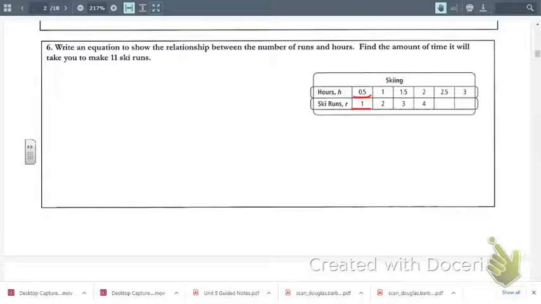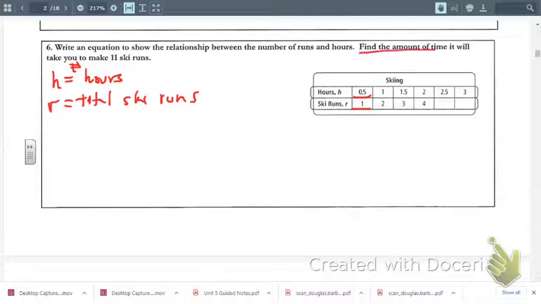So hours is H, ski runs is R. So let's say H equals number of hours and R equals total ski runs. Okay, that's better. So now what are we trying to find? The amount of time. So we're trying to find H.